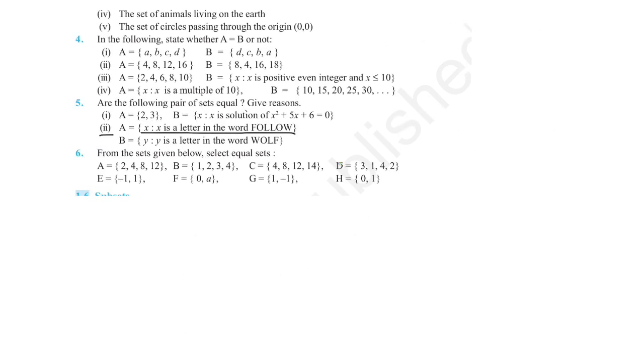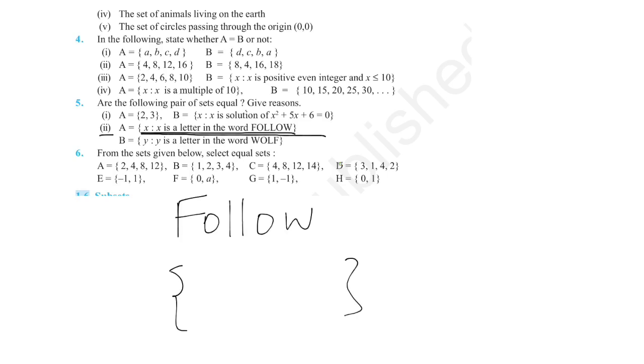Now the second question is A is x such that x is a letter in the word follow. So first we take this word follow, and now we make a set out of the letters of this word. When we make a set, we don't repeat the same element; we take it only once.